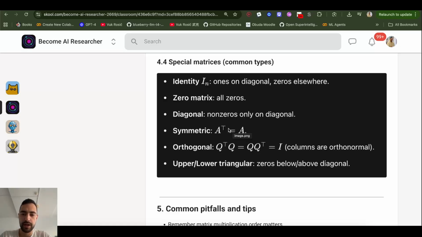Orthogonal matrix is a matrix where if you look at each row separately as a vector, those vectors will be 90 degrees to each other. So if you draw a vector for the first row, and a vector for the second row, and a vector for the third row, they don't need to be in 2D space, but can be in any number of dimensions. But they are 90 degrees between each other.